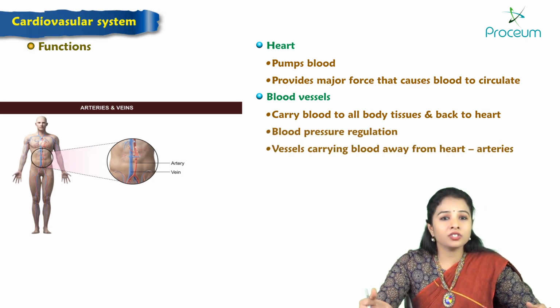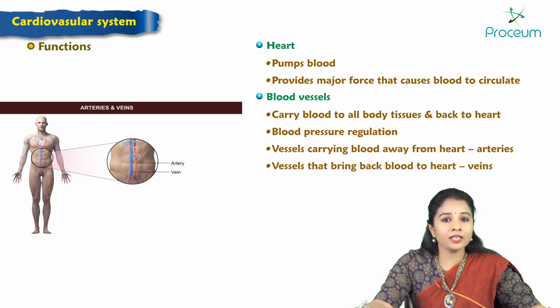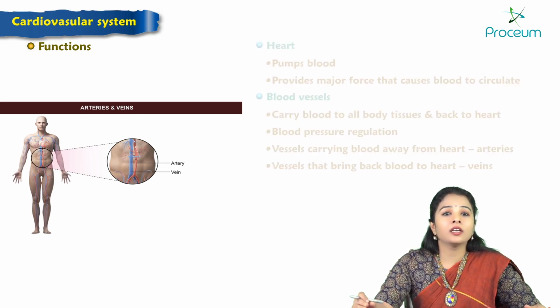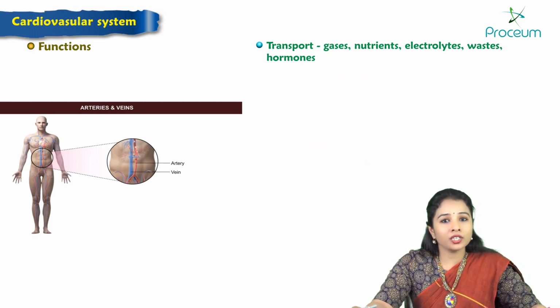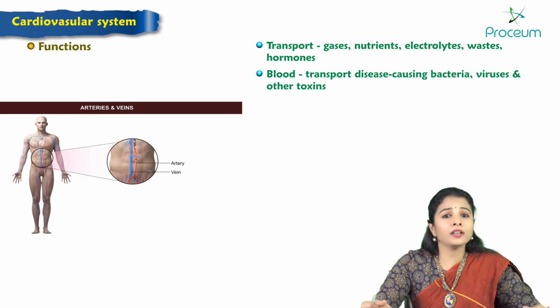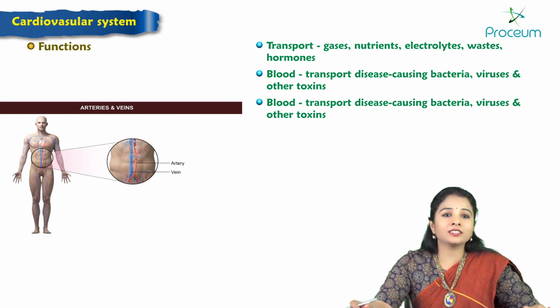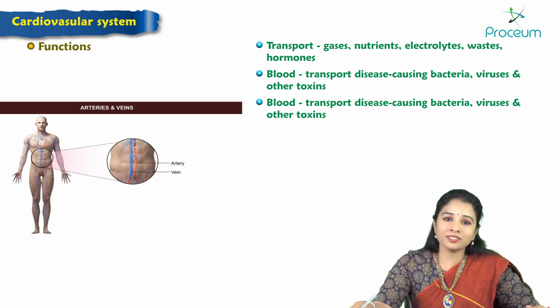The vessels which carry the blood away from the heart are called as arteries, whereas the vessels which carry back the blood to the heart are called as veins. The functions of cardiovascular system are transport of gases, nutrients, electrolytes, waste, hormones. The blood can also serve to transport disease causing bacteria, viruses and other toxins. However, drugs given to treat the diseases are also transported through the same blood.